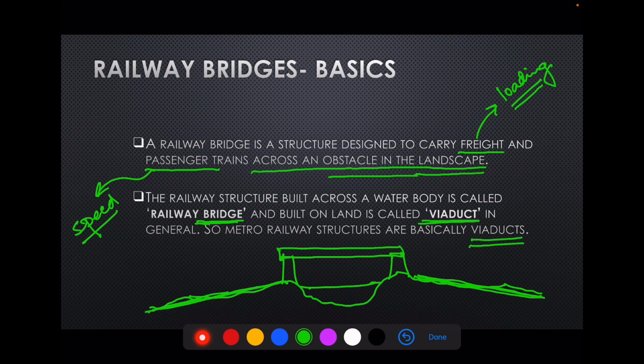It is increasing from normal ground level from here to here. So to match the levels of the bridge, we have to ramp it down in the approaches. This portion can be named as viaduct because it is built upon the land.